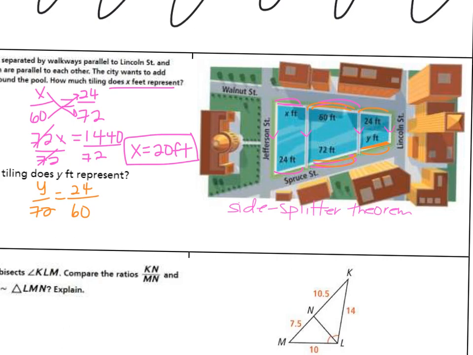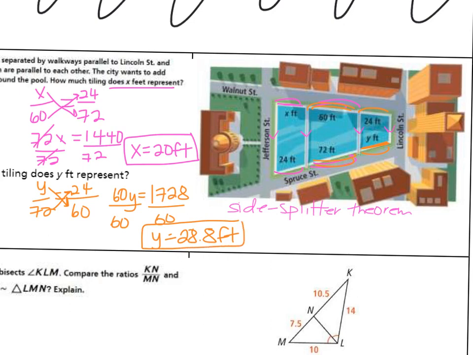So y over 72 equals 24 over 60. And when we cross multiply, y times 60 is 60y. 72 times 24 is 1,728. Now to get y by itself, divide each side by 60, and we end up with y equals 28.8 feet. That's how much tiling they would need on the bottom right of that pool.